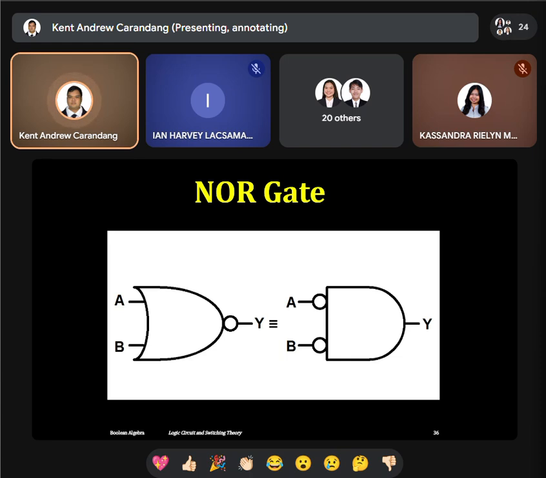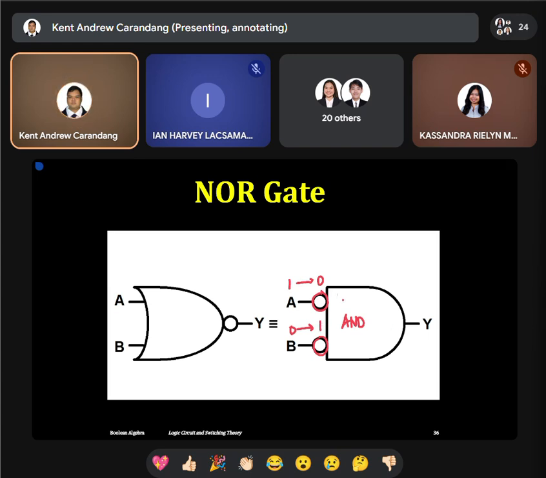If it is a NOR gate, it is just an AND gate with both inputs having bubbles. If there's a bubble, for example, if your input is 1 and it goes through this logic gate, it will become 0. If it is 0 going through this gate, it will become 1.